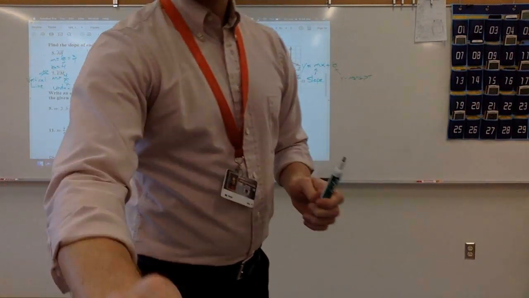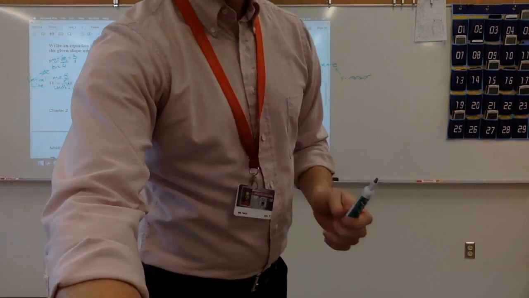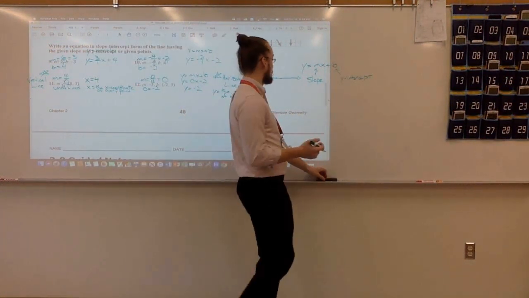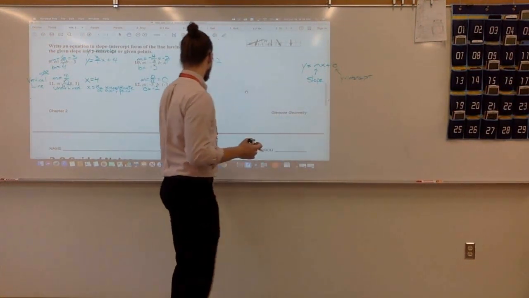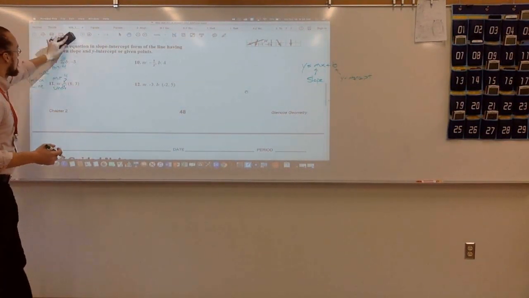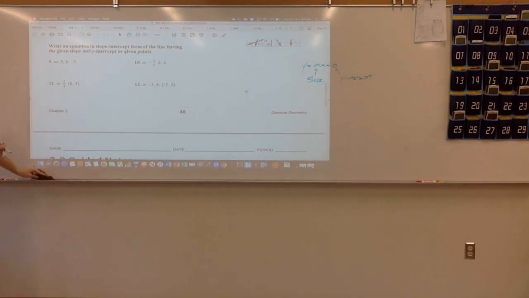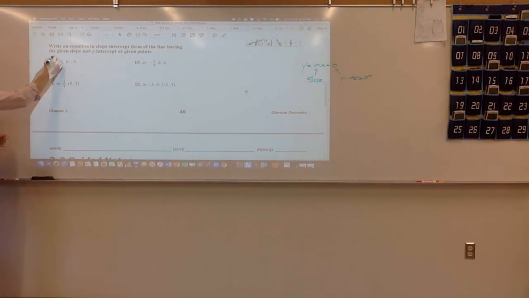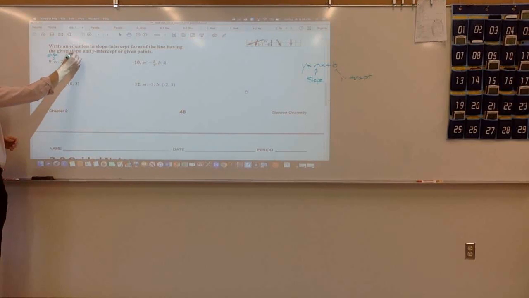Okay, so then the last thing for today is to write an equation just given some pieces of information, not given a graph. So in numbers 9 and 10, I am given the slope and I'm given the y-intercept. M is the slope and B is the y-intercept.